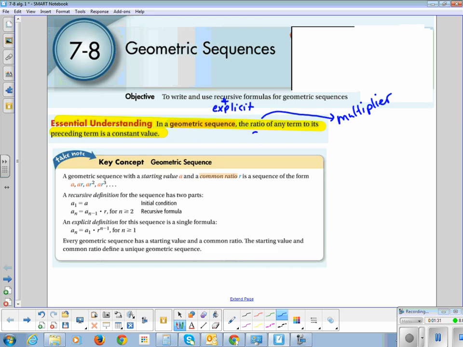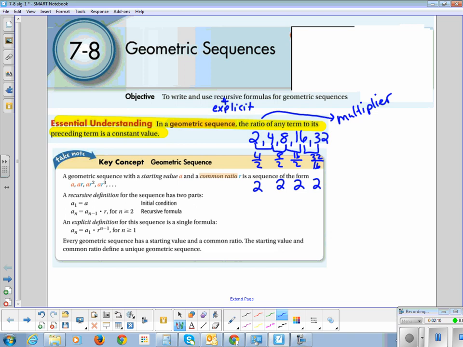So if I have 2, 4, 8, 16, 32, then the ratio between 2 and 4, so 4 over 2, and then the ratio between 4 and 8, 8 over 4, and the ratio between 8 and 16, and the ratio between 16 and 32, all those ratios are equal to a common ratio.